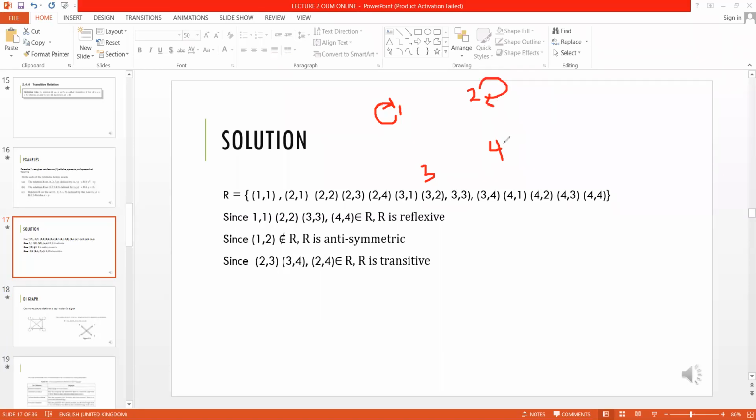So anytime you have a loop, we are referring to reflexivity. So this is also a loop. Then we have 2 to 1. There is a relation 2 to 1. We've already indicated 2, 2, 2, 3, 2, 4. We have 3, 1. We have 3, 2.